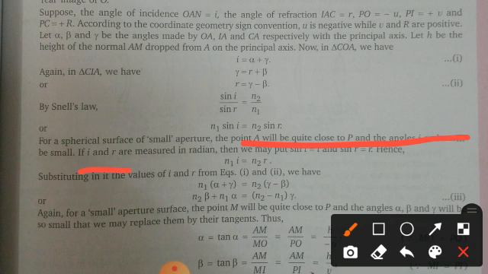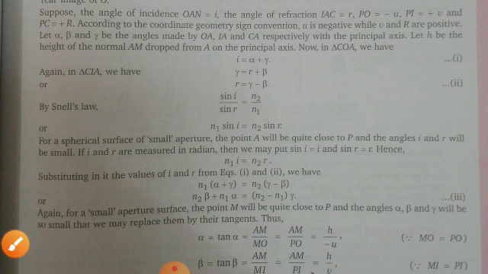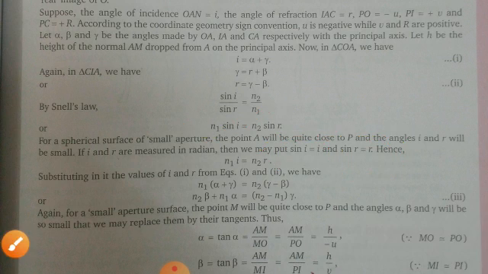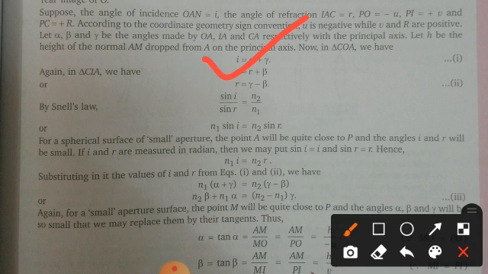Now if angle I and angle R are measured in radian, then we may put sin I equals to how much? I. And sin R equals R. So in place of sin I and sin R, we write N1 I equals N2 R. Clear? Substituting the values of I and R from equation 1 and 2, this is equation number 1 and this is equation number 2 for refraction.